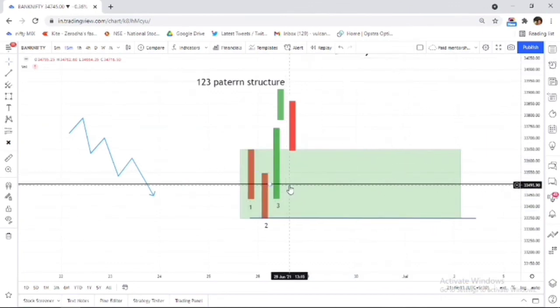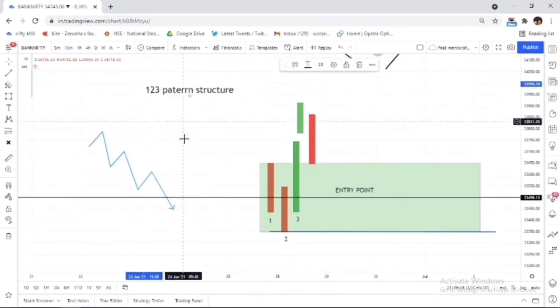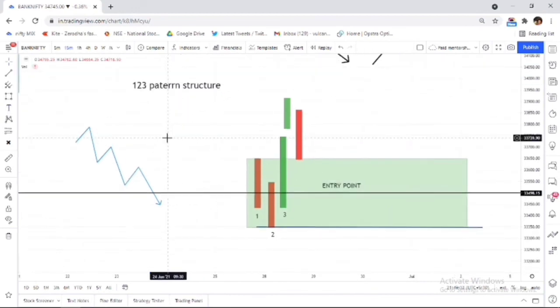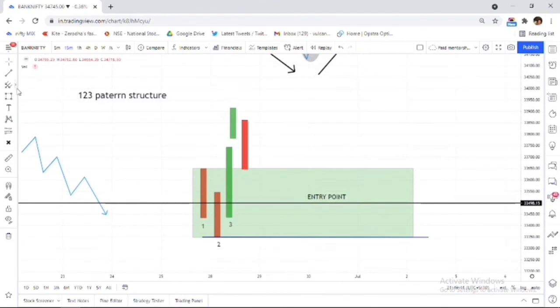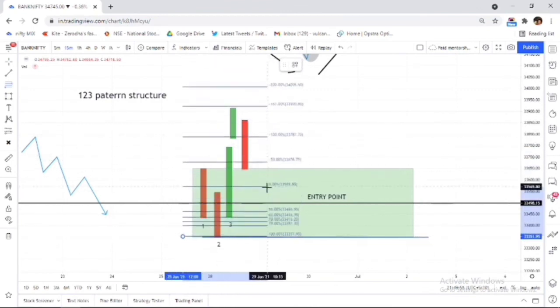This is not my equilibrium line, but this is my threshold line. This threshold line will be my standard entry. When the market comes to this threshold line, I will buy and put my stop loss at the second candle.